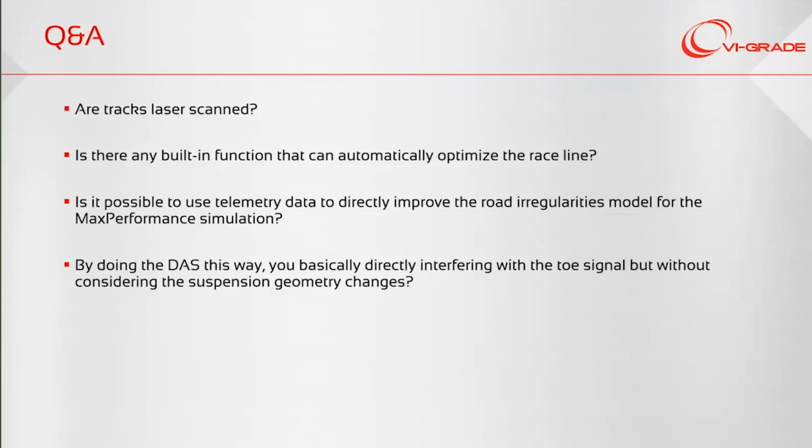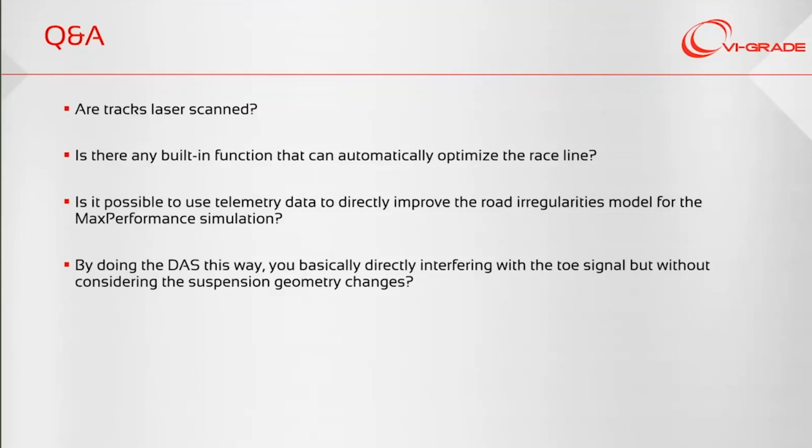Okay, then by doing the DAS this way, you are basically directly interfering with the toe signals, but without considering the suspension geometry changes. I would say, Vince, you go. Okay. Hi, about this question, in VI Car 10, we can describe the rack displacement influence on the wheel toe angle and the camber angle, as well as wheelbase and track width change.